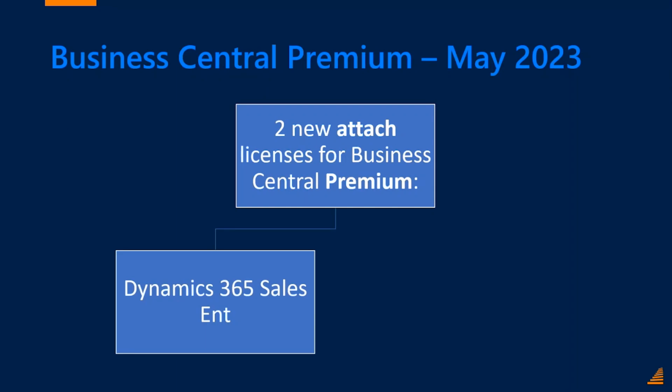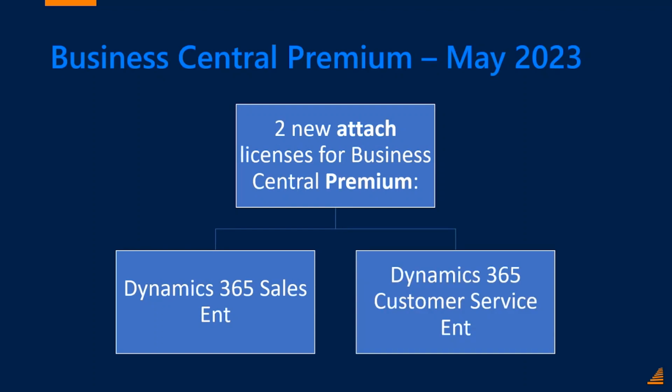So they introduced the ability to attach Dynamics 365 Sales Enterprise and also Dynamics 365 Customer Service Enterprise. So before May, that wasn't possible, but it is now. So if you have Business Central Premium, you're able to attach those Dynamics 365 Enterprise licenses on top. And word on the street is that field sales will become available sometime in 2024 as well.